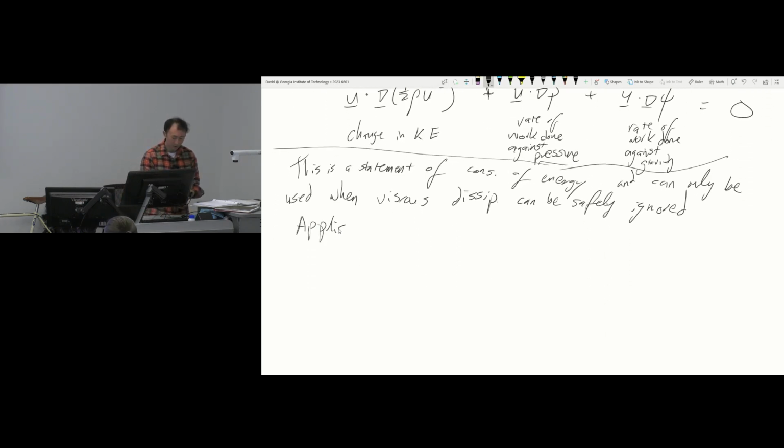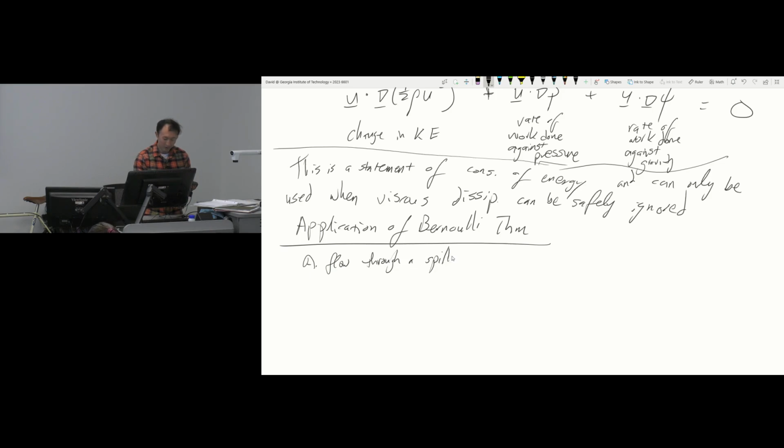So, for example, for the homework, there's some tricks you can use to apply Bernoulli's equation. For example, let's do flow through a spillway.